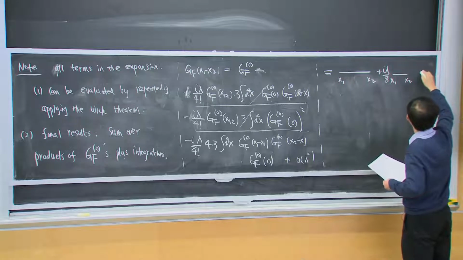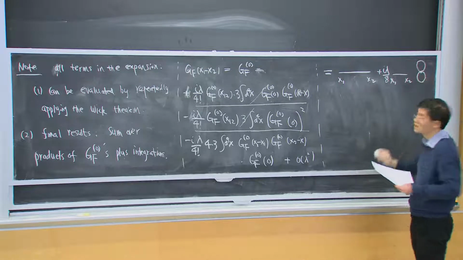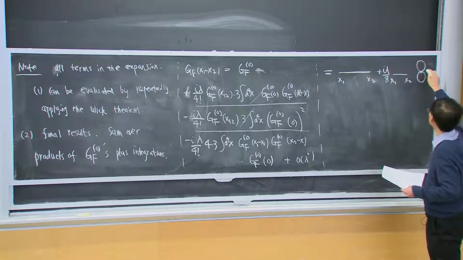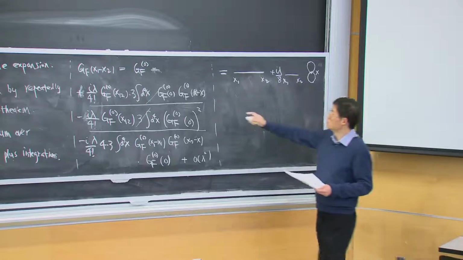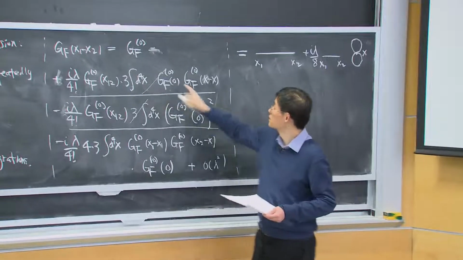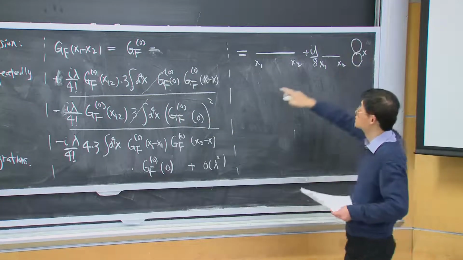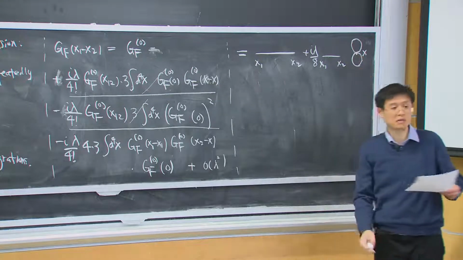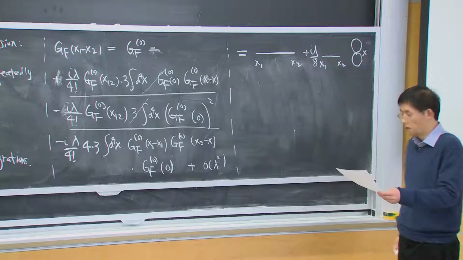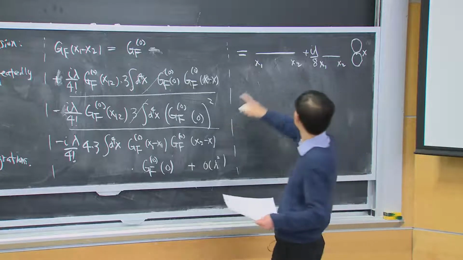And so you have 2 propagators, one contracted like that, and one contracted like that. And this point is x. So you have x, but they all contract with itself, so it's x minus x for this one, and x minus x for that one. And similarly, of course, this is identical to that.